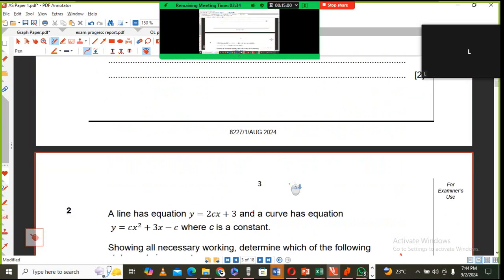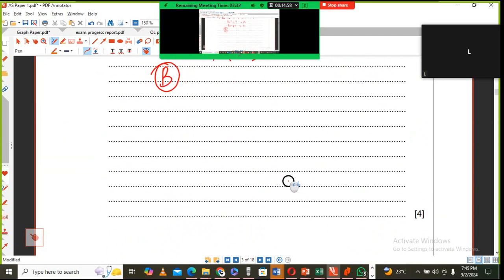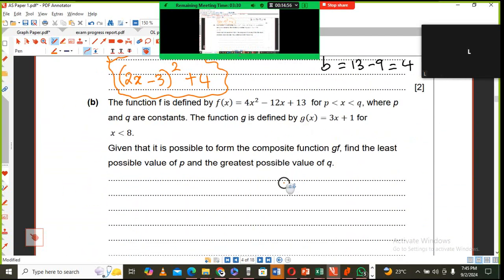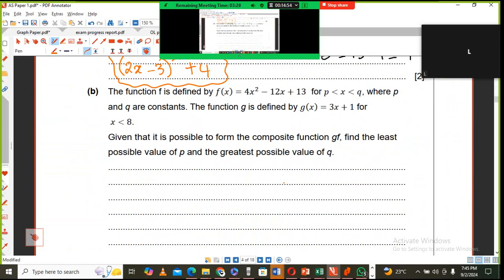Okay, I mean, Natalia. All right, let's go to the next question. Question B. So it says the function is defined. So we have to look for the values of P and Q. What do you think we're supposed to do here, guys?